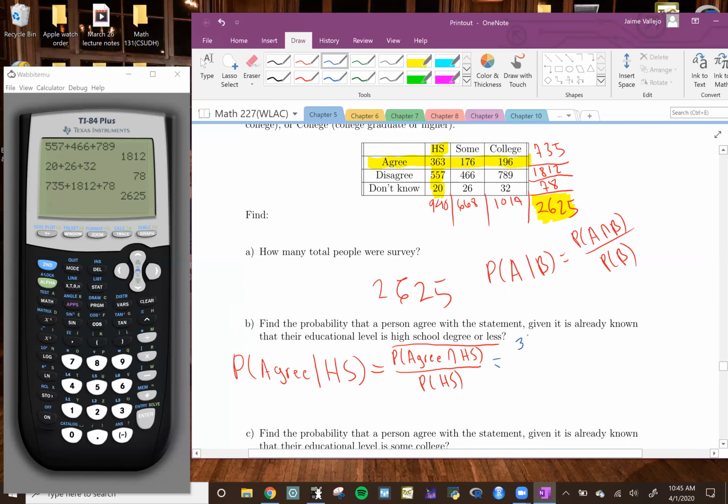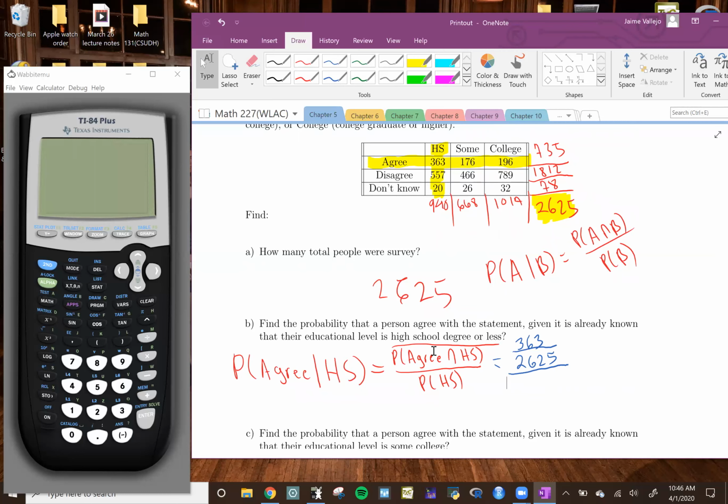So you go 363, and you divide this by the total, which is 2625. Wait, wouldn't it just be 940, because we're just looking at the high school? Well, for right now, we're using the formula. Since it's the and statement, you always divide by the total. In a little bit, you'll see how that will simplify it.